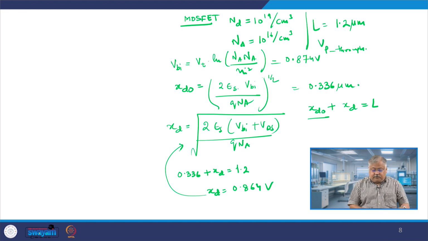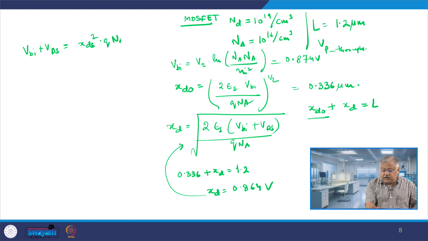Now, just do a back tracing and place it here. If you square both sides, then I will get V built in plus Vds equals xd square into Q times Na by 2 epsilon s. All these values are known to you, so just place the values and you get V built in plus Vds equals 5.77 volts.